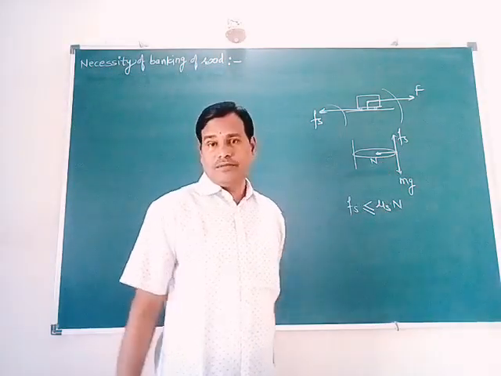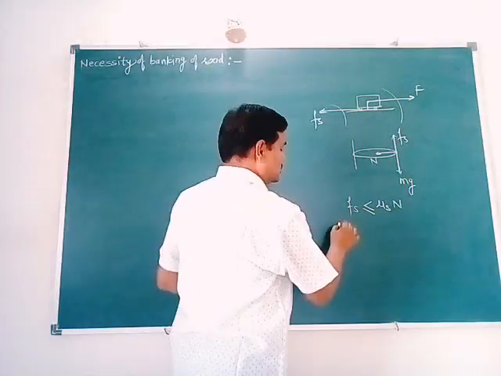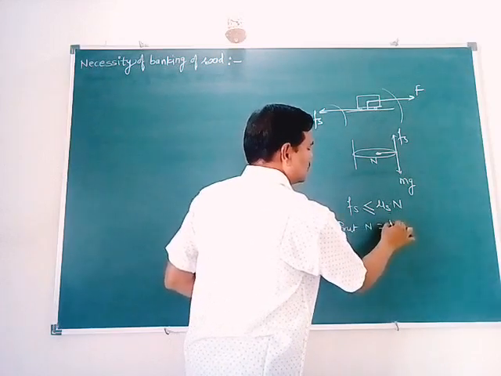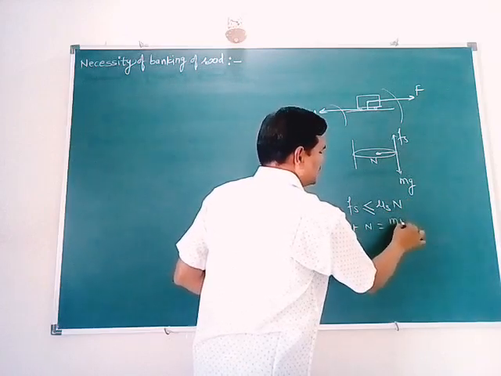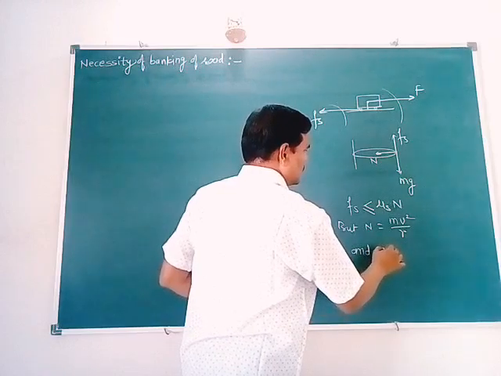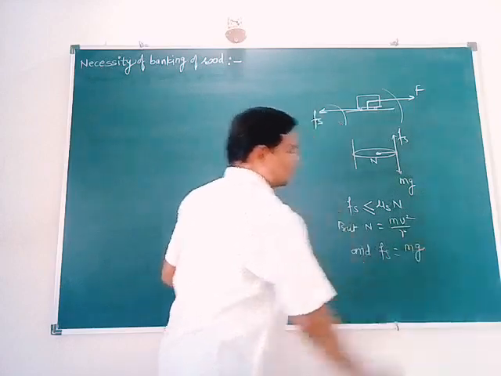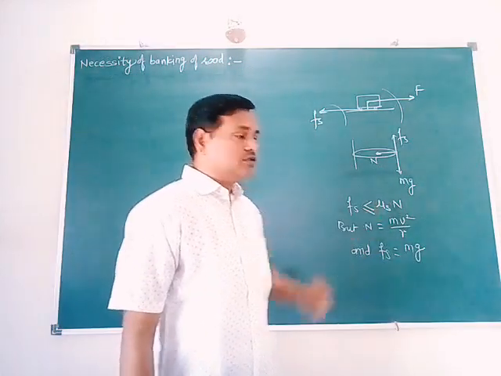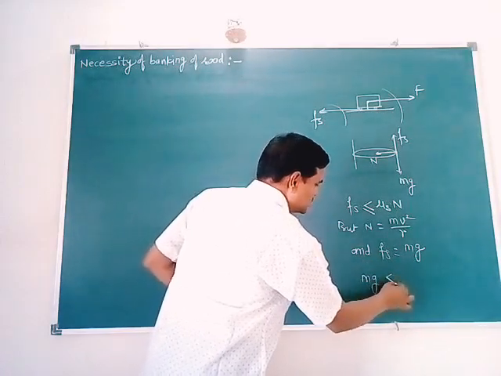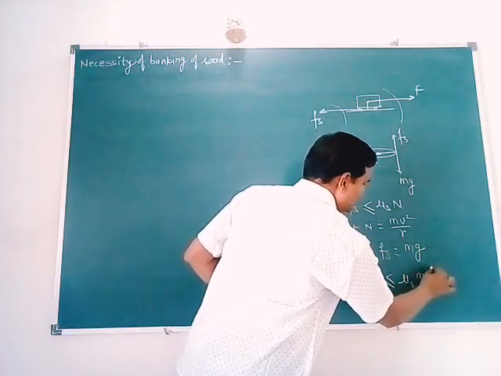It is mu s into N, and we know this N, that is the normal reaction, is equal to m into v square upon r, and this Fs is equal to mg. So if we put these two values in this equation, you can write m into g is less than or equal to mu s into m v square upon r.